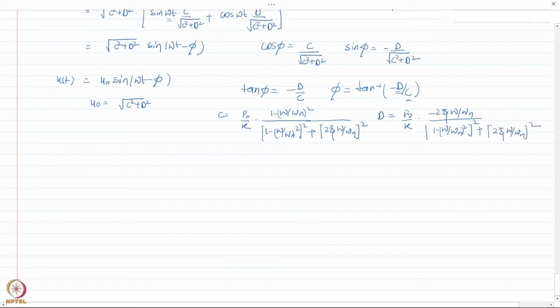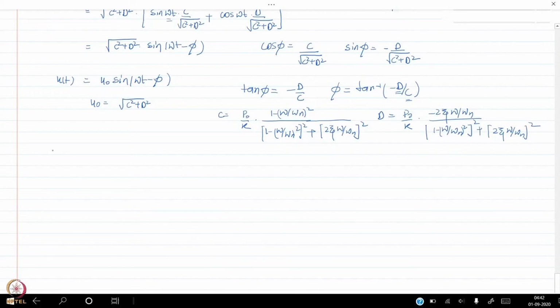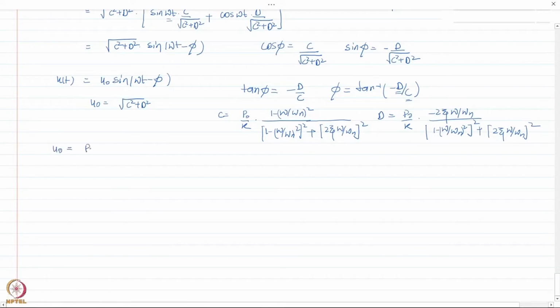When you substitute these expressions, what you get for u naught is p naught by k times 1 over the square root of, 1 minus omega by omega n whole square, squared, plus 2 zeta omega by omega n, squared.